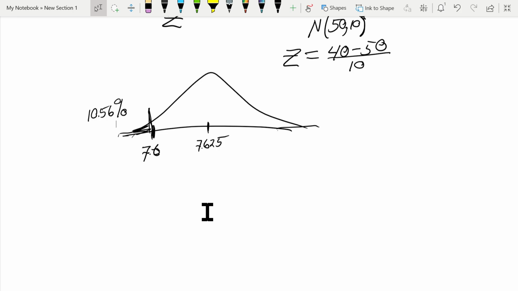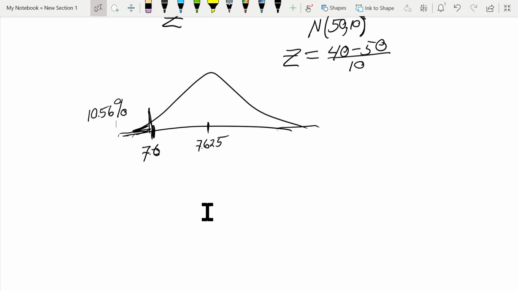If I put in an individual probability for 7.6, not cumulative, all I get is the height of this curve, which is completely useless unless you're graphing this thing. This is the way the norm.dist works.